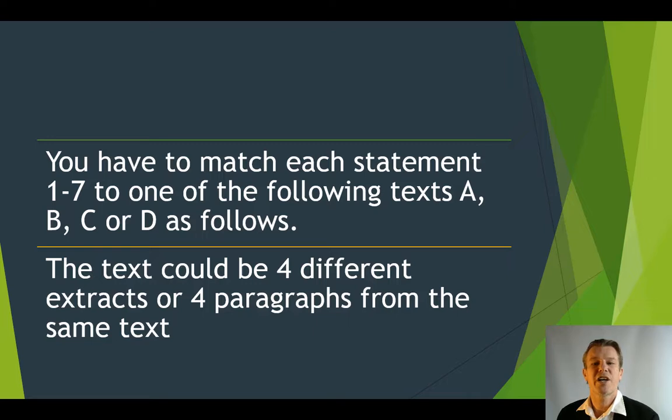So here are the instructions again. You have to match each statement 1 to 7 to one of the texts A, B, C, or D as follows. The text could be 4 different extracts or 4 paragraphs from the same text. The one we are doing are 4 different extracts, but also in the exam you might get one reading text divided into paragraphs A, B, C, or D. So both formats are possible on the day of the exam.